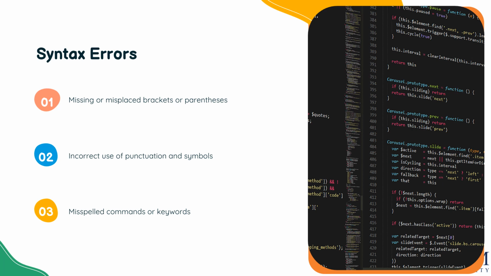So the syntax error is a part of a program, as you see here. If we miss some brackets here, that is also a syntax error. If we miss some parentheses, or use incorrect punctuation, symbols or keywords.